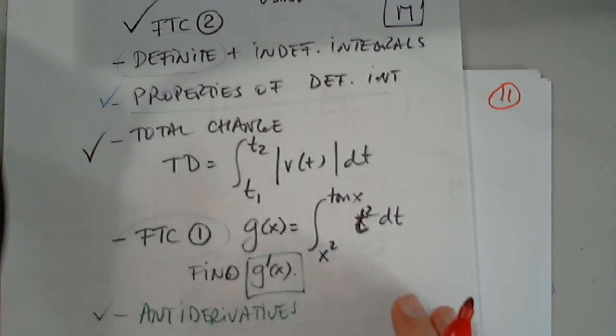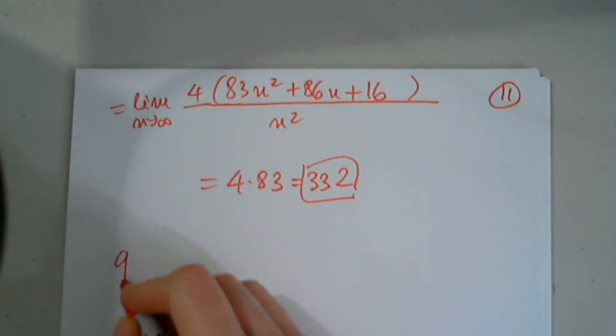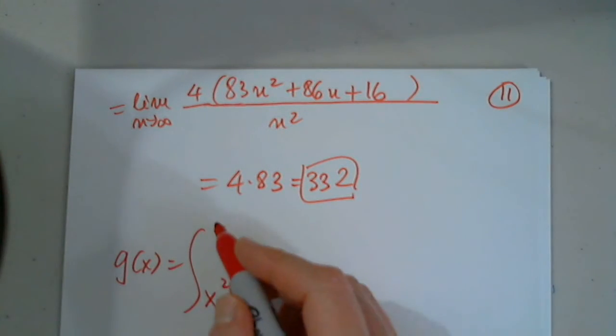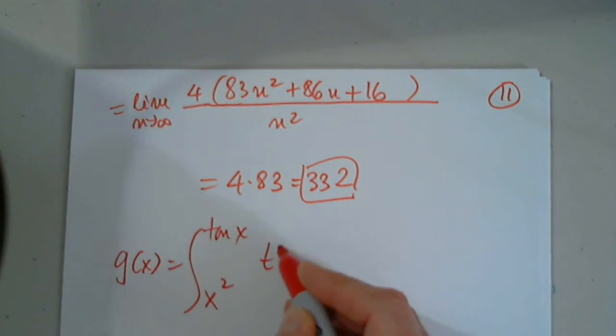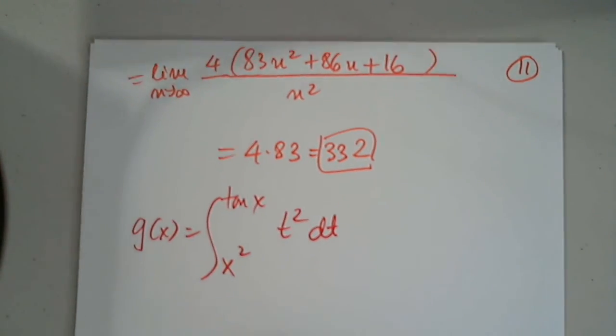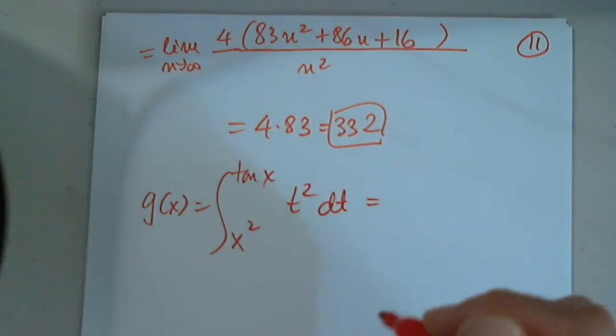Okay. So this one, it's g of x, the integral from x squared to tangent x of t squared dt. Perfect. Good. So this is not set up yet.